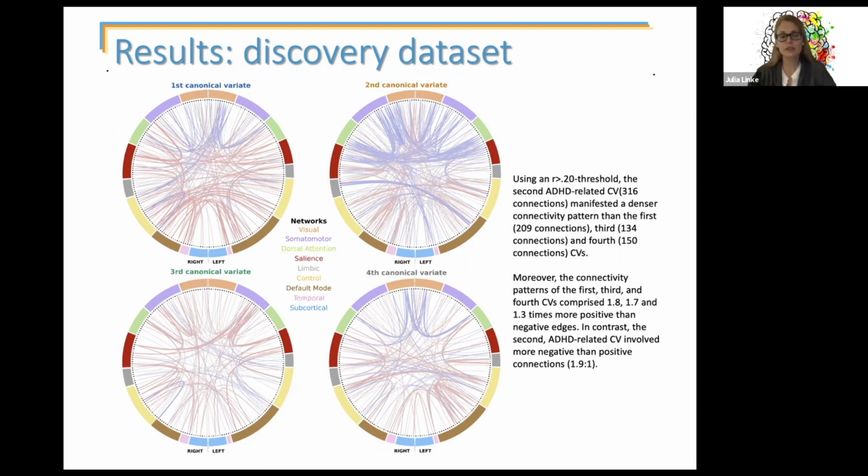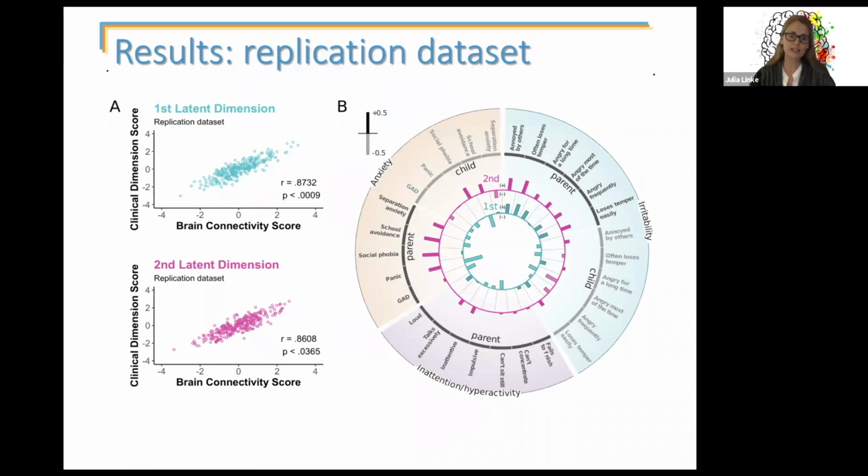Now, how did the picture look like in the replication data set? In the replication dataset, only 2 canonical variates surpassed the threshold for statistical significance. And if we take a look at the loadings, we see that both of them represented shared or transdiagnostic factors. So we see high loadings in the domain of irritability, but also anxiety and disruptive behavior for the second one, and then high loadings for irritability in the first, and then high negative loadings for disruptive behavior and anxiety.